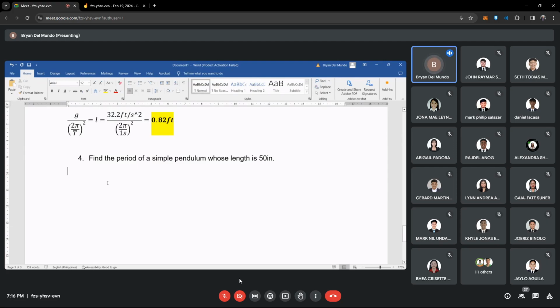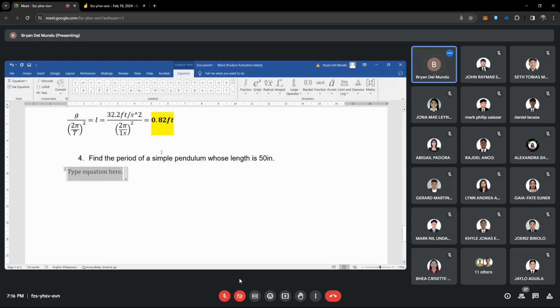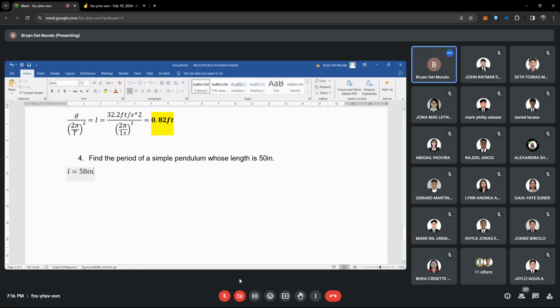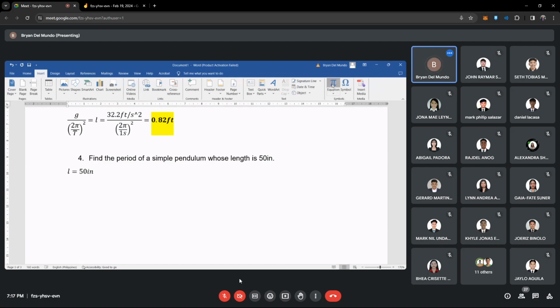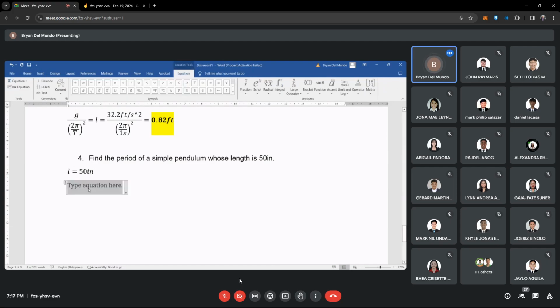So hinahanap is find the period of a simple pendulum whose length is 50 inches. So we have here our given length is equivalent to 50 inches. So now we're just going to solve for the value of omega n. Since we have here our given length, pwede na nating isolve si omega n.